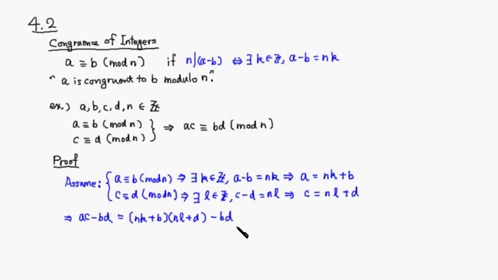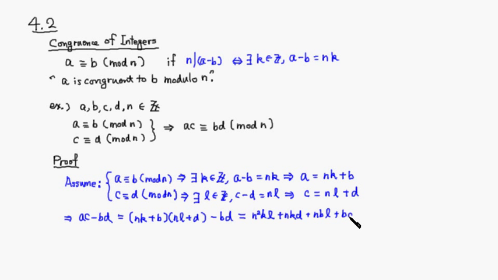Then do just a little bit of algebra. nk times nL is n squared kL, nk times D is nkD, B times nL is nBL, and B times D is BD, so plus BD.